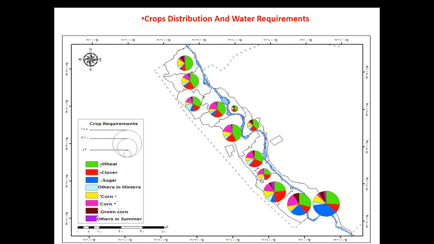That's a problem. Why? Because in the south area we farm wheat, sugarcane, and clover at high levels, and in the north we farm mostly wheat and corn, but sugarcane uses a lot of water.